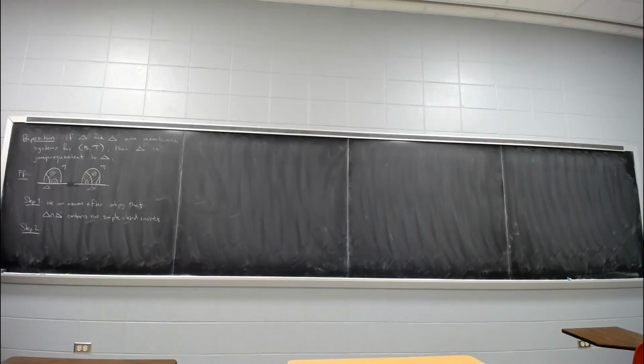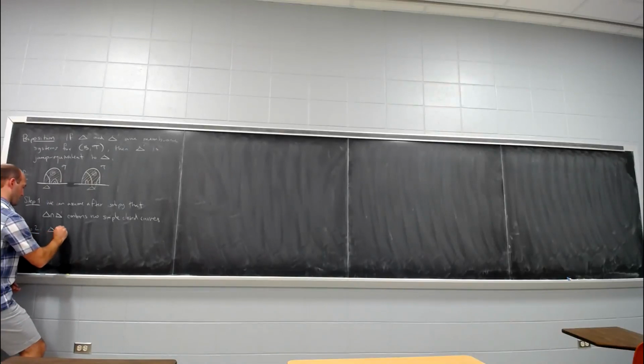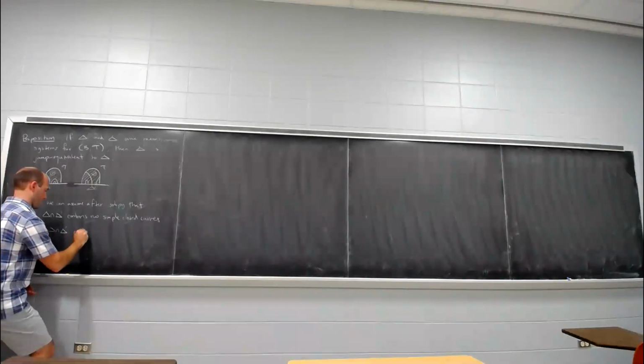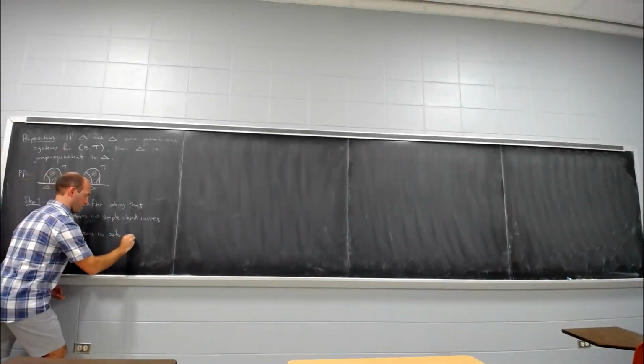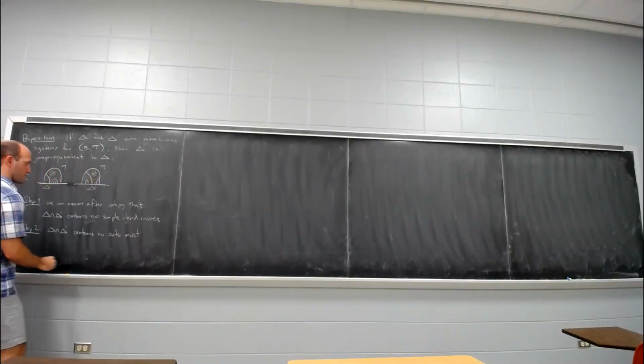let's see, what did I say this was going to be? Well, the goal of step two is to say that delta intersect delta prime contains no outermost arcs.